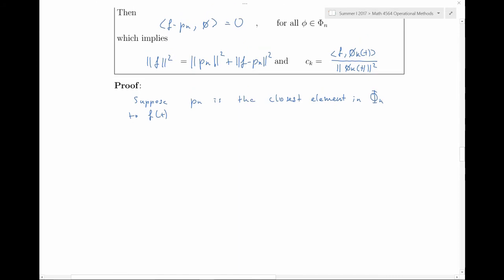But let's assume that there is a function phi from the space Phi_n that will give us a non-zero inner product.